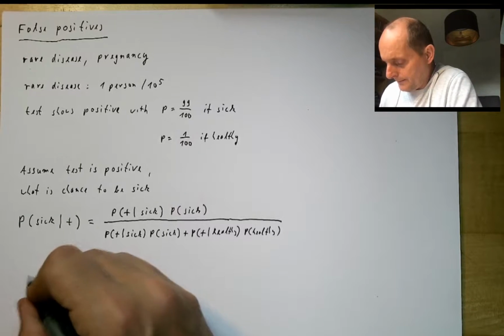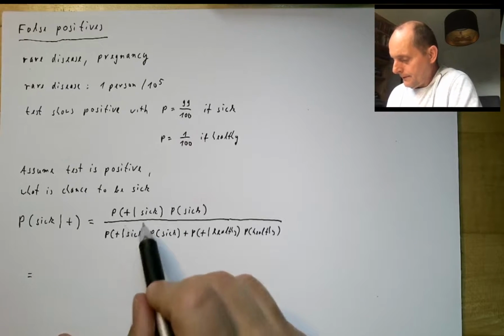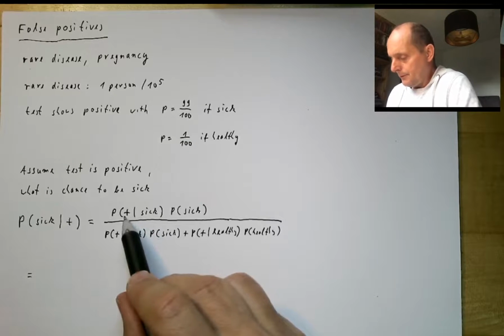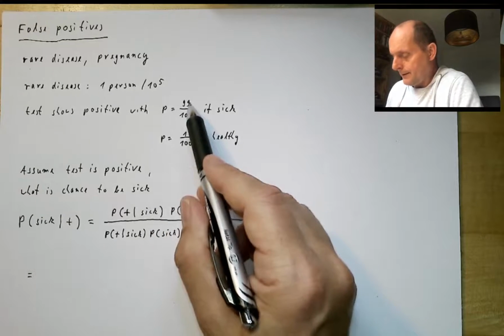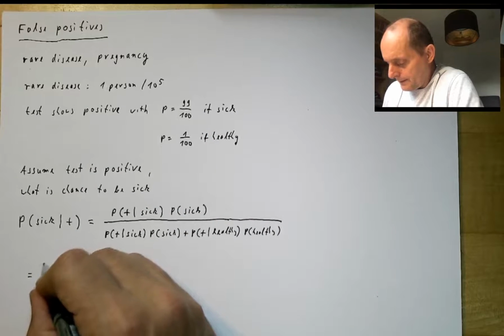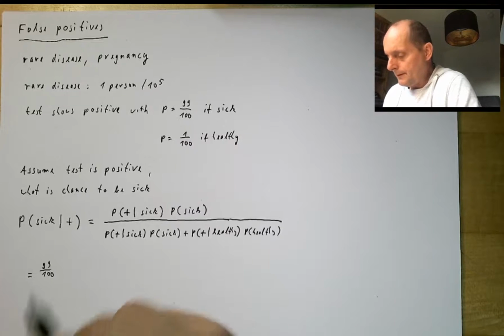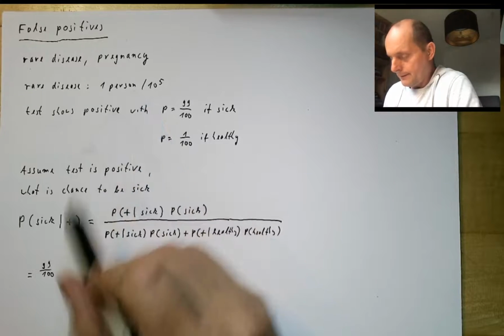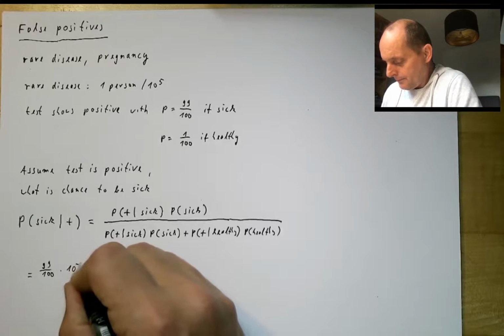So now we can calculate this. The probability to have a positive test if a person is sick is 99 over 100. The probability to be sick is 1 in 10 to the 5, so it's 10 to the minus 5.